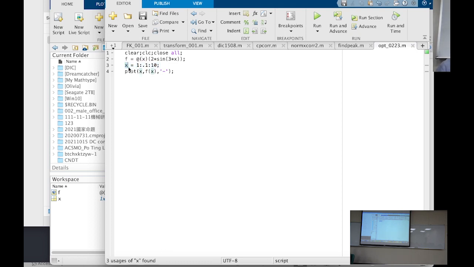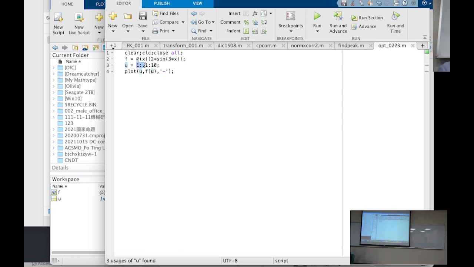I can call this u. It does the same thing. So to avoid confusion, this handle is a way to define functions. So the x right here is just a name. It's not yet a variable. It's a name of the function. But here is a true variable you create inside MATLAB.